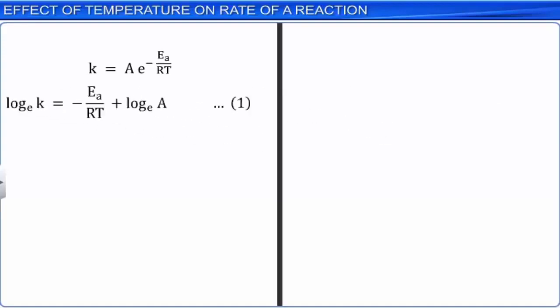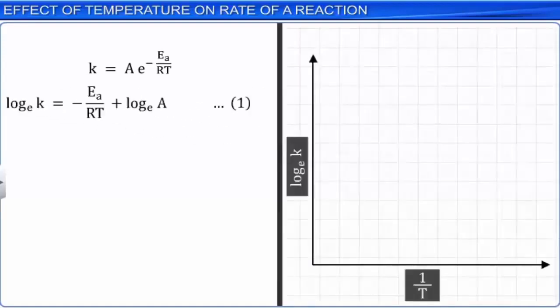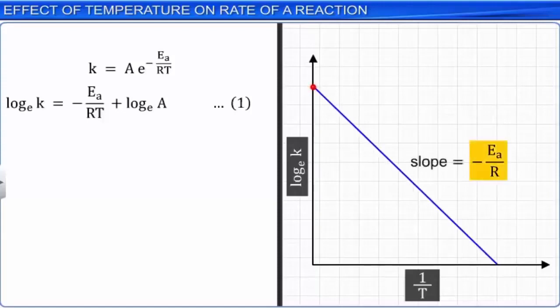If we plot log to the base e of K versus 1 by T on a graph, we get a straight line with slope minus Ea by R, and the y-intercept as log to the base e of A. From the graph, we can see that as the temperature increases, the rate constant increases exponentially, and the activation energy decreases. As a result, the rate of reaction increases.